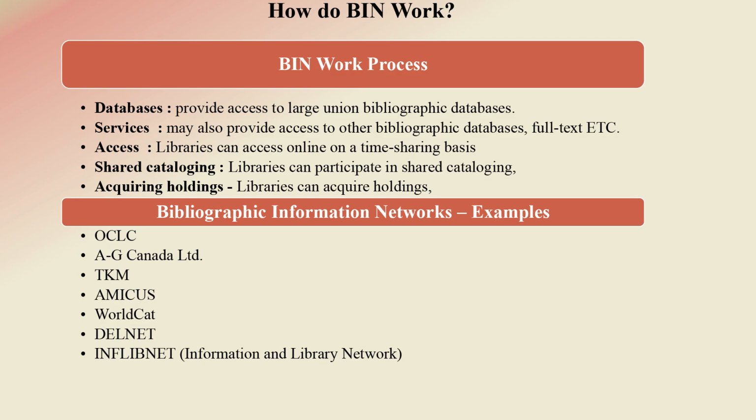INFLIBNET itself started around 1994. It is a prominent network that provides access to a union catalog of Indian academic libraries, enabling users to locate research materials across different institutions.